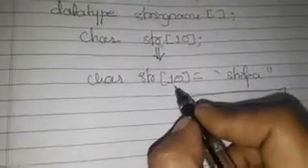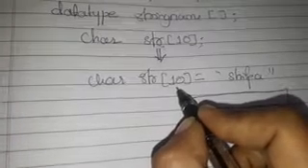That is very important to understand. Maximum size I can take is 10, but we can take less than that also, not a problem. So it is S H I L P A, and at the end a null character will be saved. This is the main thing we should understand in case of strings.